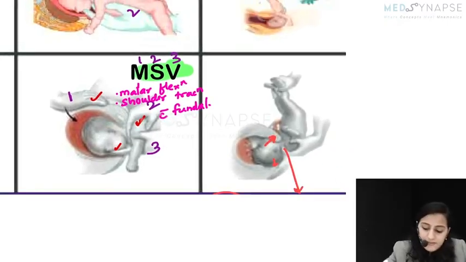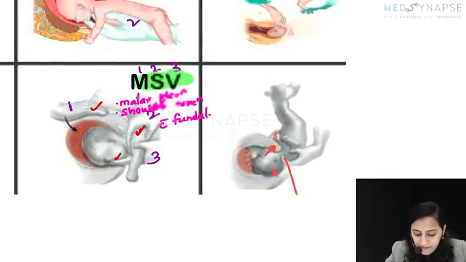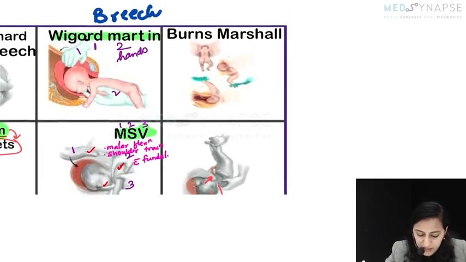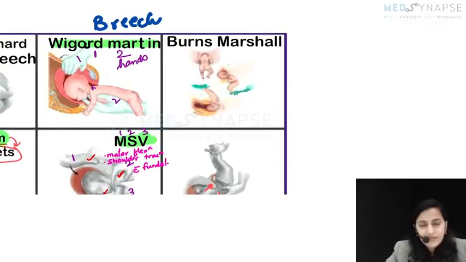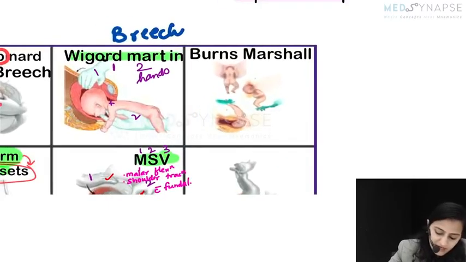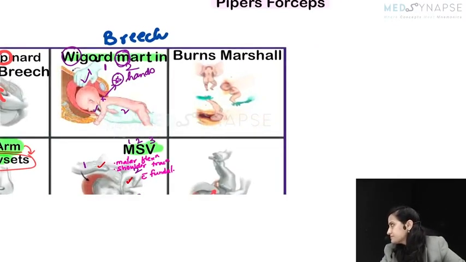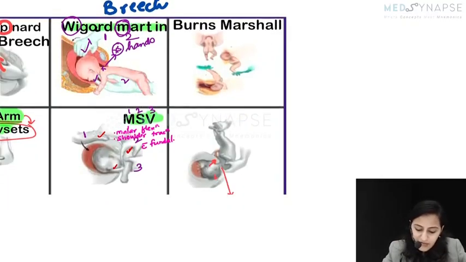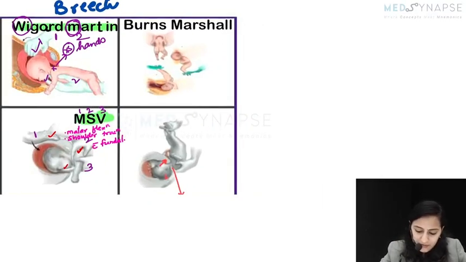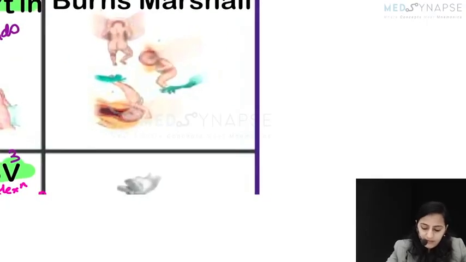Wigand-Martin में क्या नहीं है? Out of the 3, shoulder traction नहीं है. Wigand-Martin with the fundal, mento is there, S is not there. So 2 hands, Wigand-Martin, 3 hands, MSV. And this is after coming head of the breech, सब कुछ बाद आ गया, सिर्फ head है अभी.